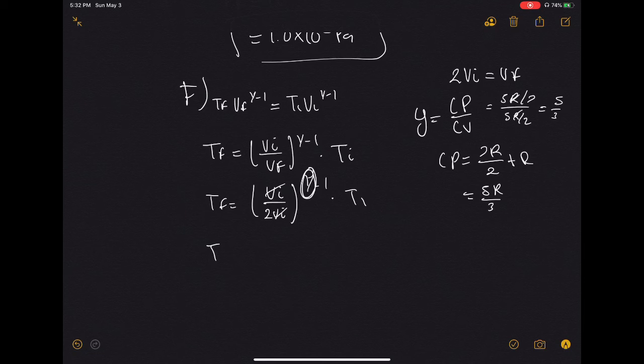Tf equals 1/2 to the 5 over 3 minus 1 times the T initial, which is 300. And so the T final is going to be equal to 190 Kelvin.